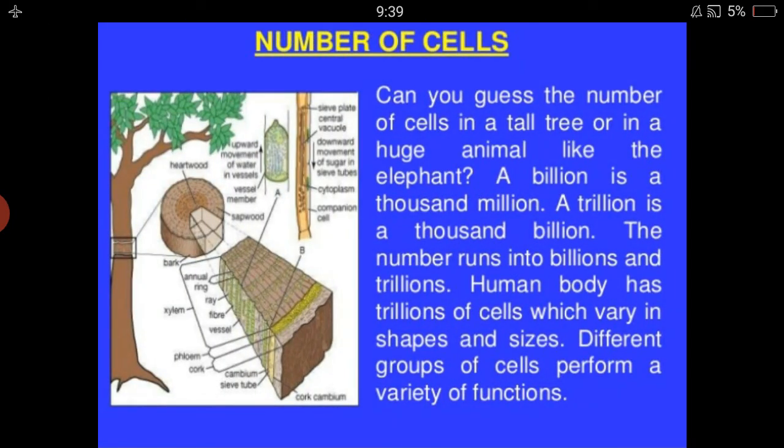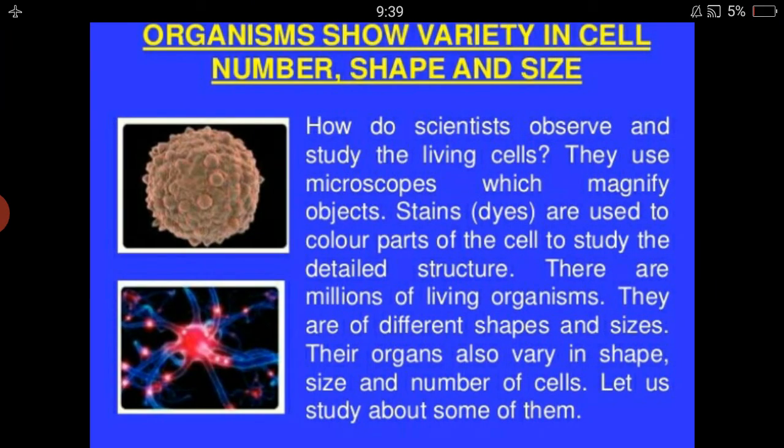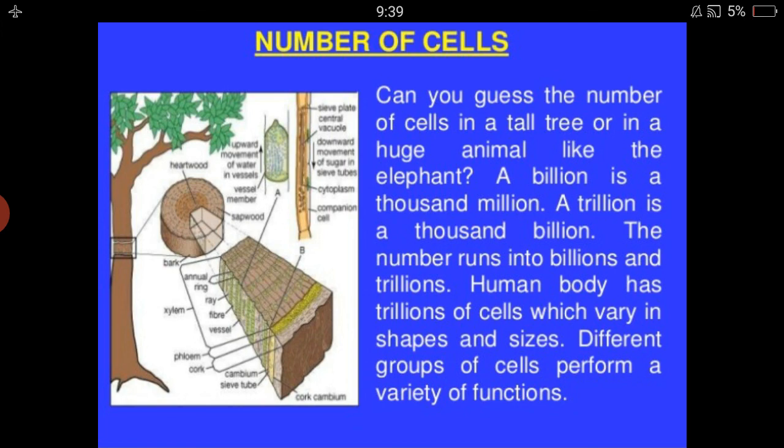And the last topic is the number of cells. We will see the next topic in the next video. Your homework today is the topic of number of cells, and how organisms show variety in cell number, shape and size. That topic you can read.